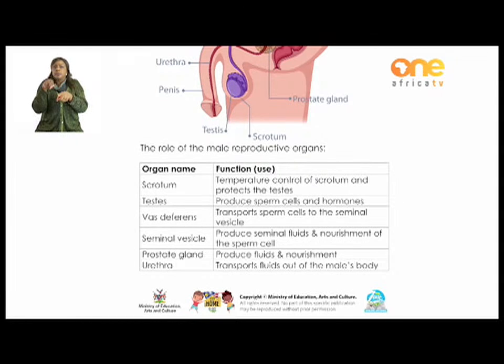And then from there, we have the prostate gland, which is responsible for producing fluids and nourishment, which will further aid the movement of the sperm cells. And all these contents will exit the male's body through the urethra out of the male's body.